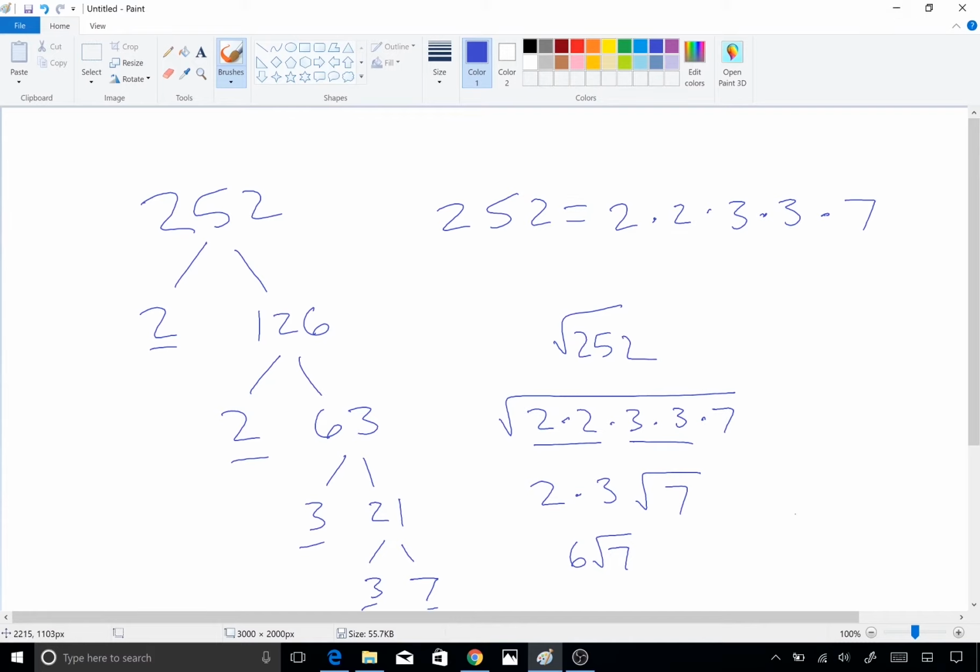Let's say I wanted the cube root of 252. Well, none of these numbers are in a group of 3, so we can't pull any of them out of a third degree radical. This can't be simplified any further.